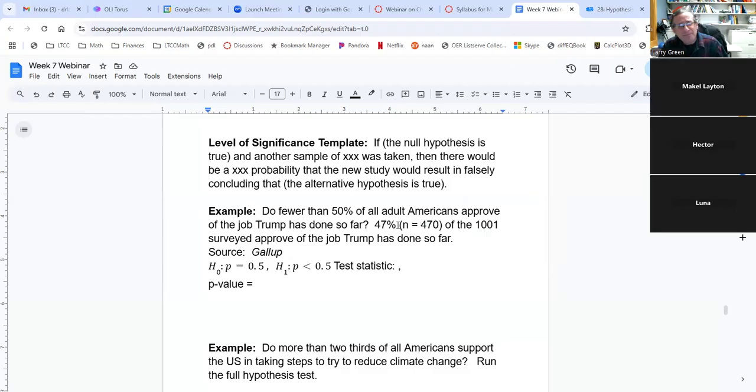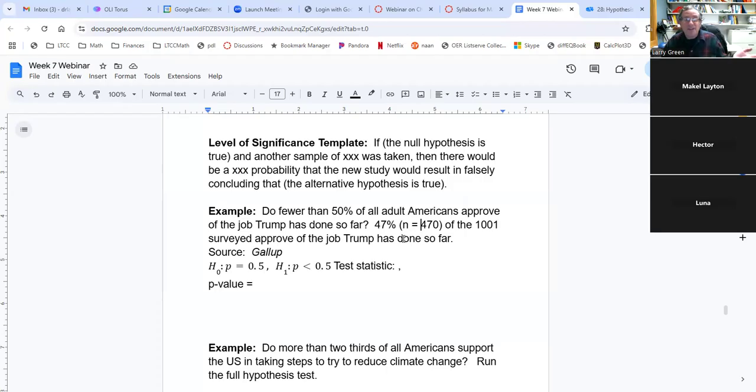By the way, is that less than 50%? What do you think? Okay, that's less than 50%.